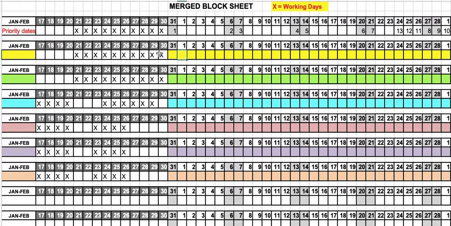So in this scenario, we have ourselves working the last 10 days of January. Therefore, we require the first 4 days of February off to honor the Form 14 blocking rule. 10 days plus 4 is 14, in which you must have 4 days off to honor the Form 14 blocking rule.